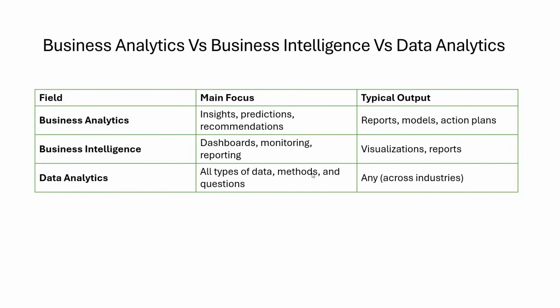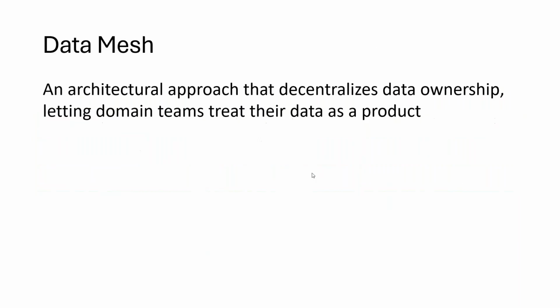The outcome is reports, models, action plans. Business intelligence, main focus is to develop dashboards, monitoring, reporting, and all. And the outcome is visualizations and reports. Data analytics covers all types of data, methods, and questions, and the outcome can be anything actually.